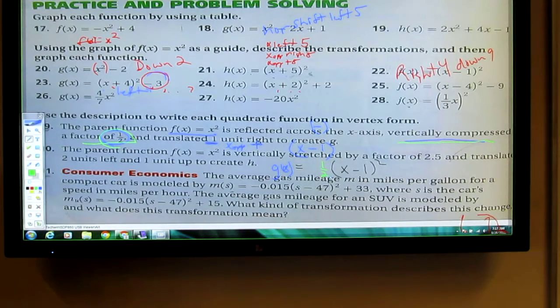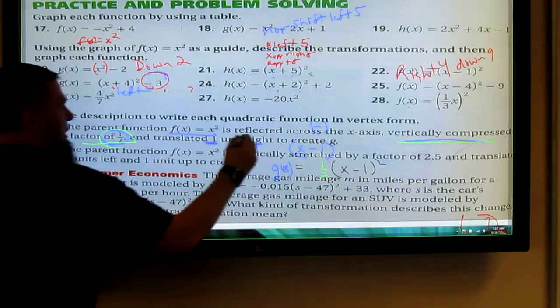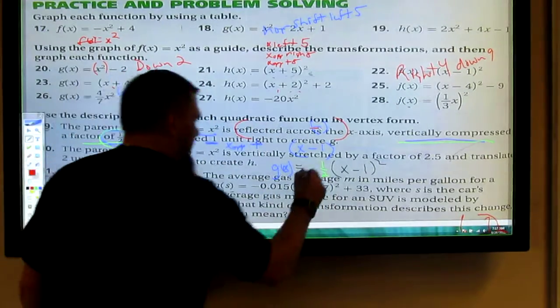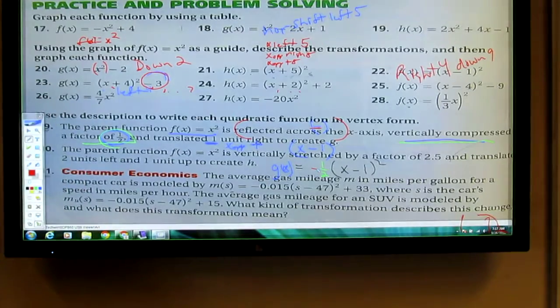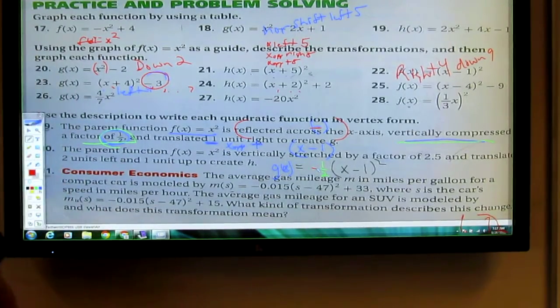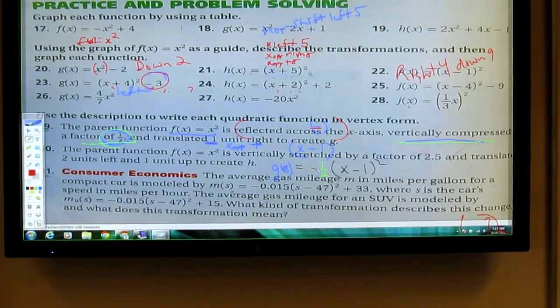Do you remember? That means it's negative, right? So we just go, okay, negative 1/2. There it is. Negative 1/2 times x minus 1 squared. Bam, there's g. Okay? Easy? Alright?